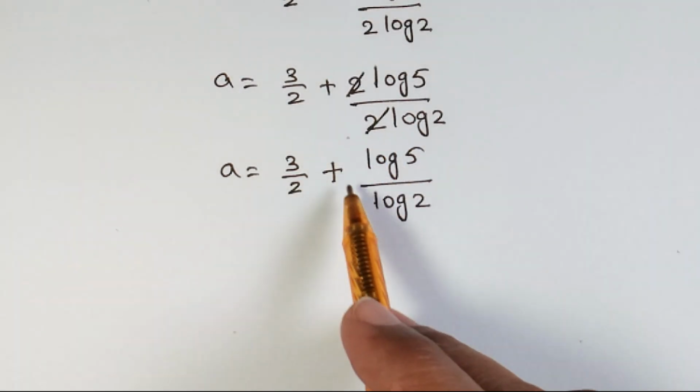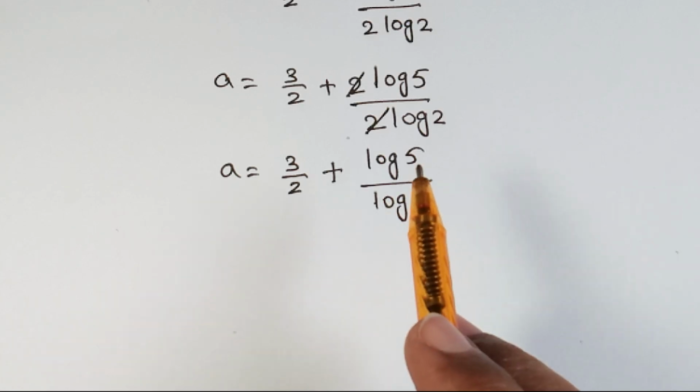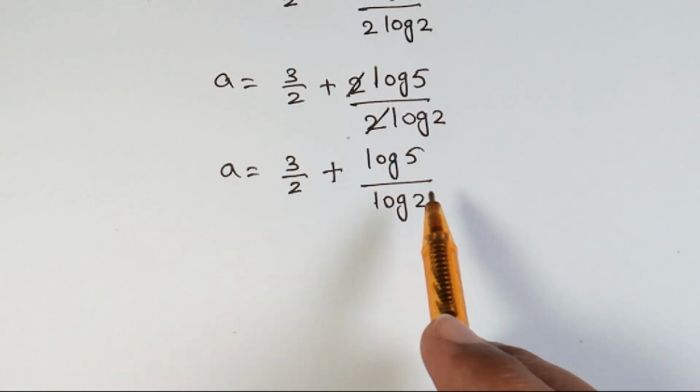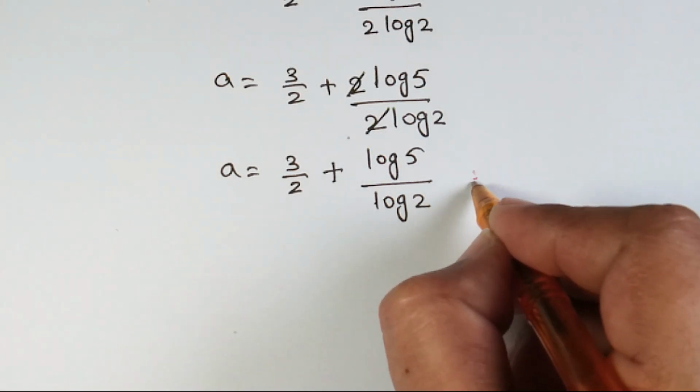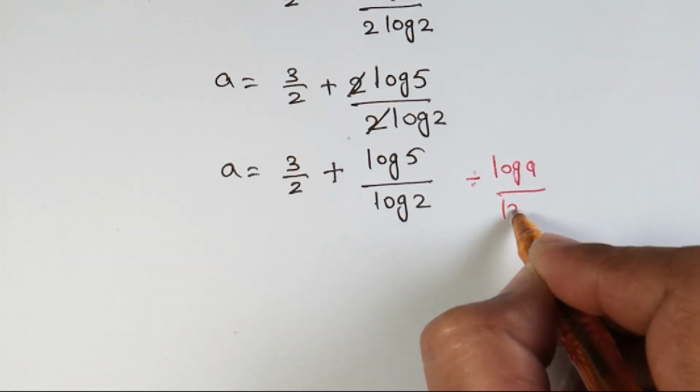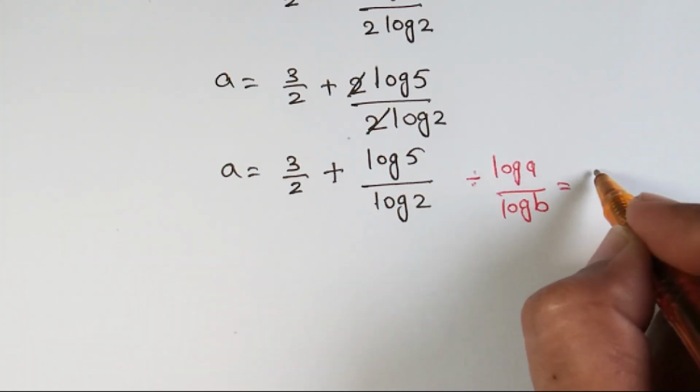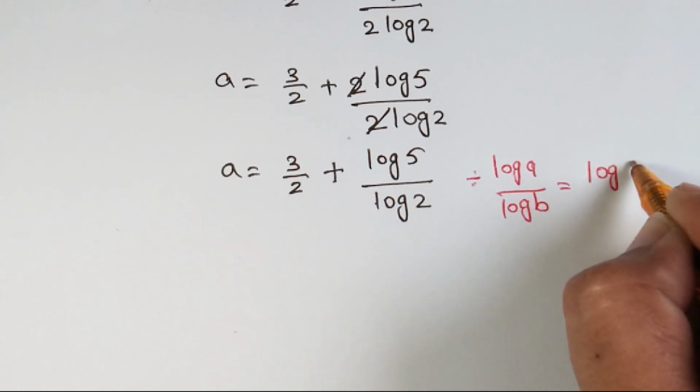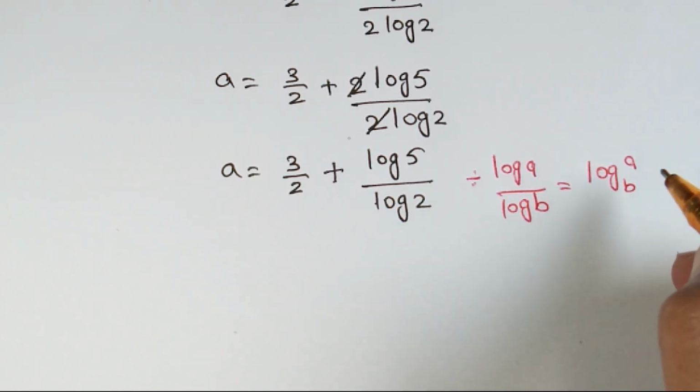So in this part of the expression we will apply the change of base rule, which is log of a over log of b is equal to log of a base b.